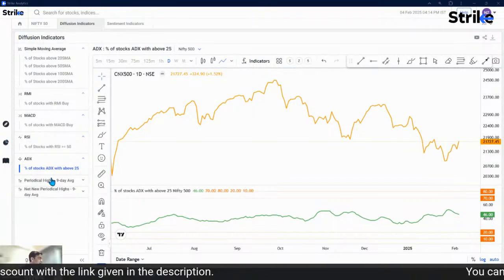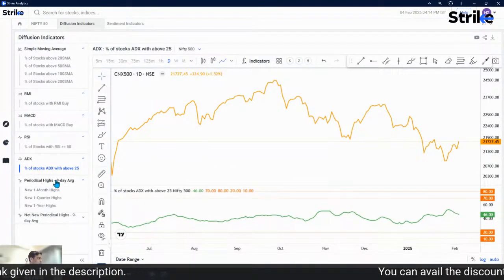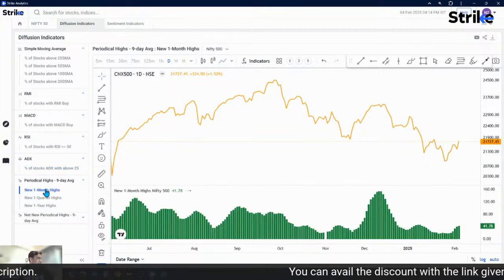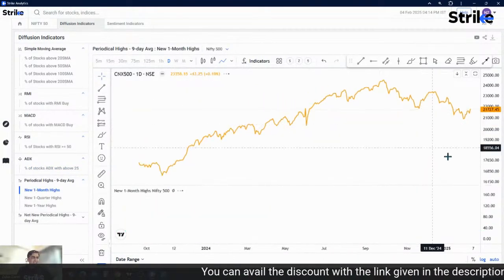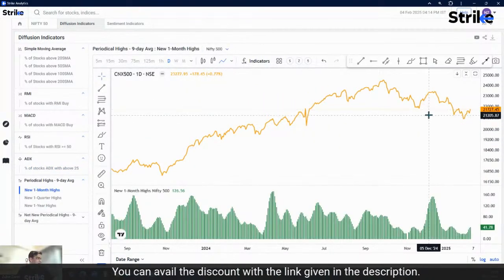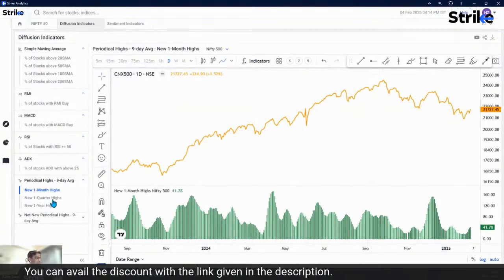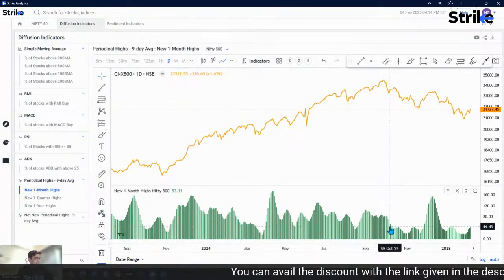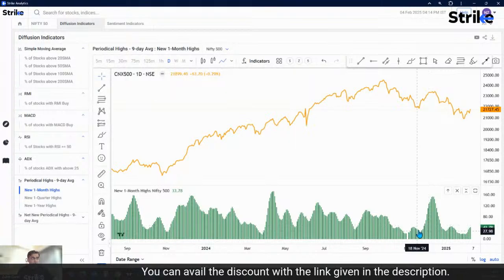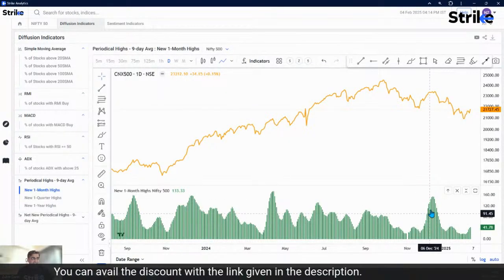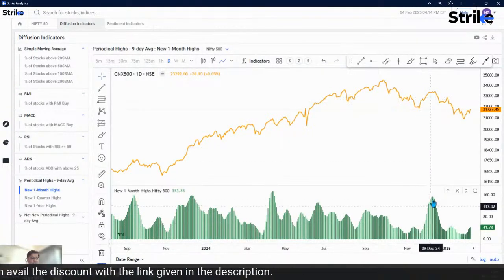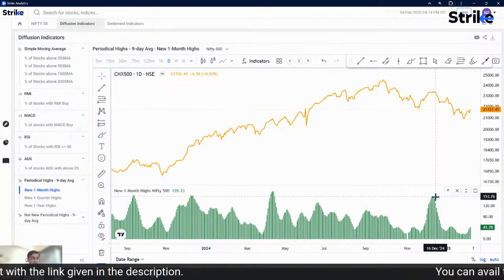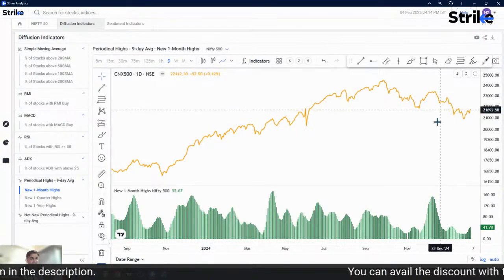Going to the periodical highs and lows of 9-day average. Again, this is a kind of histogram. These are the percentage of stocks which are at their 1 month highs, new 1 month highs, and their 9-day average. So an increasing number over here, increasing in the histogram, is kind of bullish, but once it gets overbought and starts decreasing, the market starts falling down.